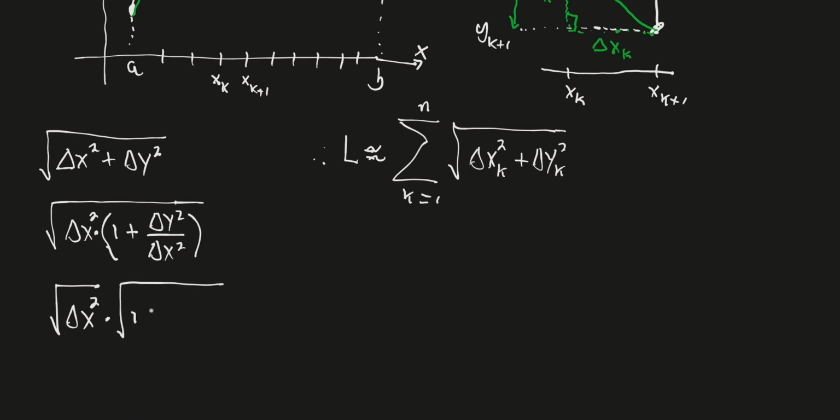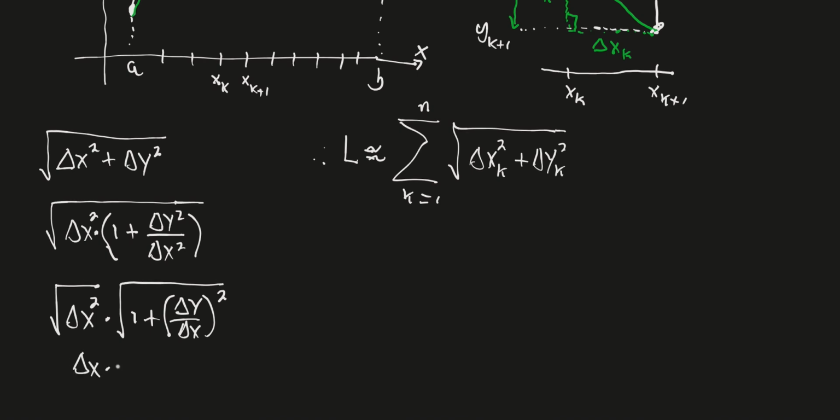So I can use my properties of exponents and say that this is delta y over delta x, the quantity squared. And then our delta is always positive. Since our delta is positive and you're squaring it and then taking a square root, it's just going to simplify to delta x.